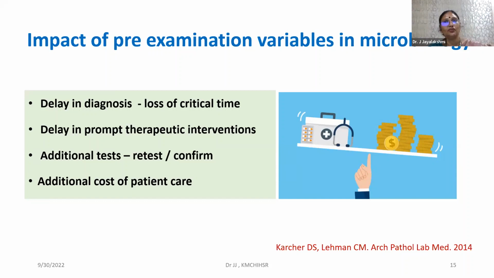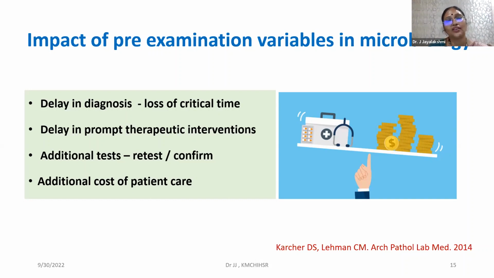So where are we going to document this part of the things that happen? Delays in prompt therapeutic interventions happen if your tests are being delayed. Additional tests may be done. Sometimes you need to retest to confirm, or just retest because these samples are not acceptable. So that's again another issue that you would have.